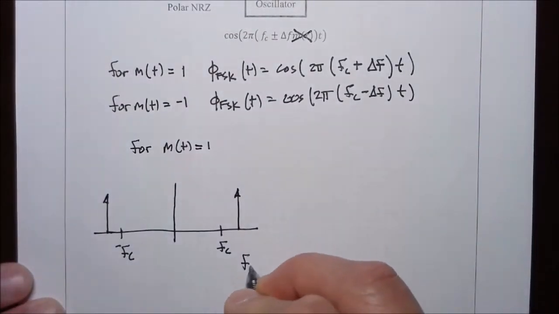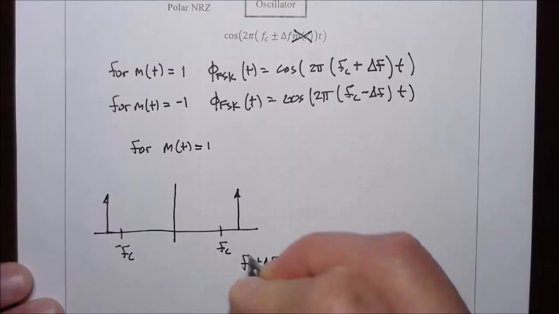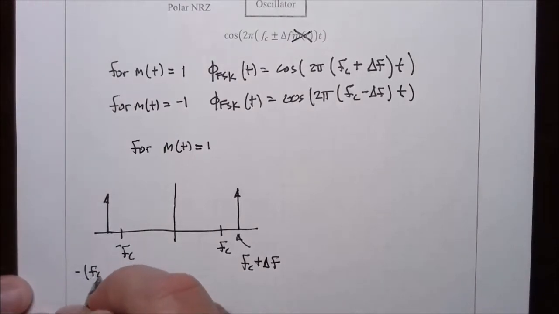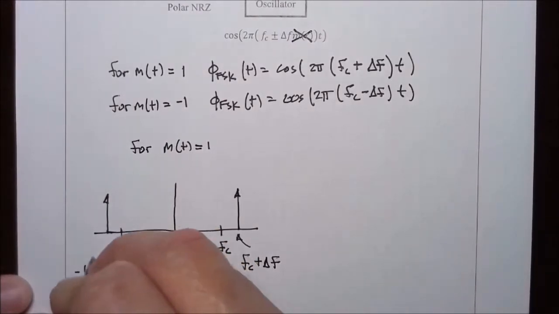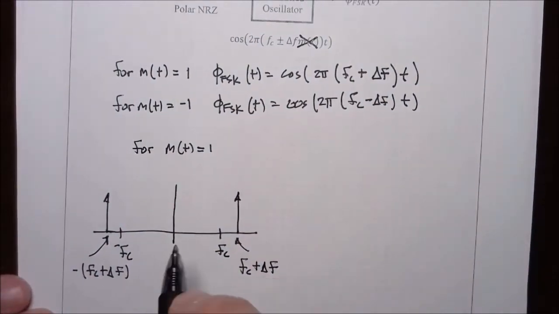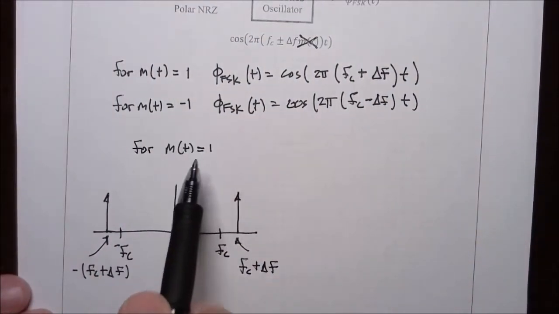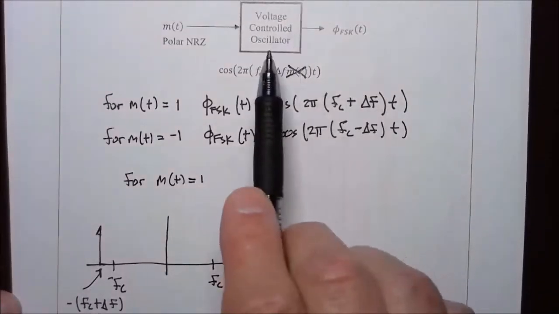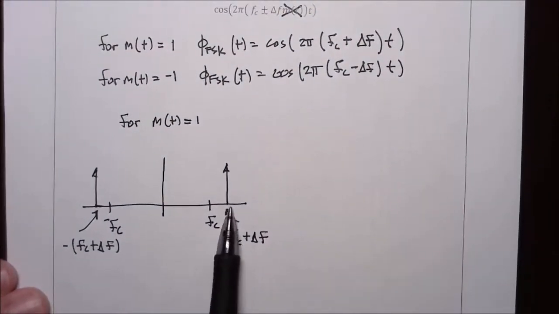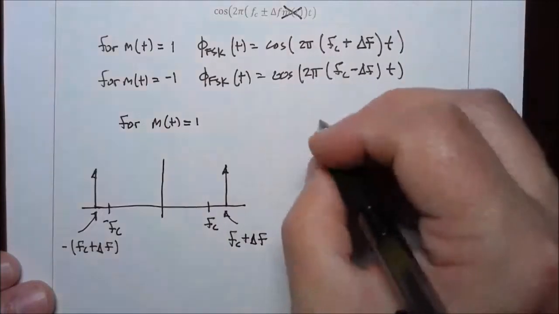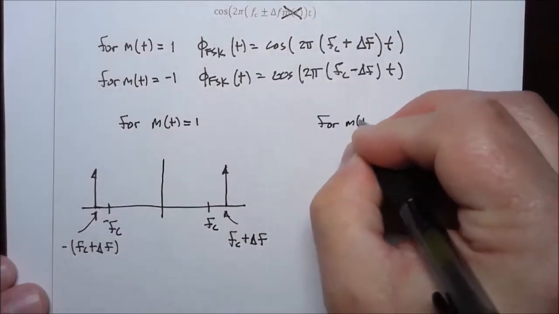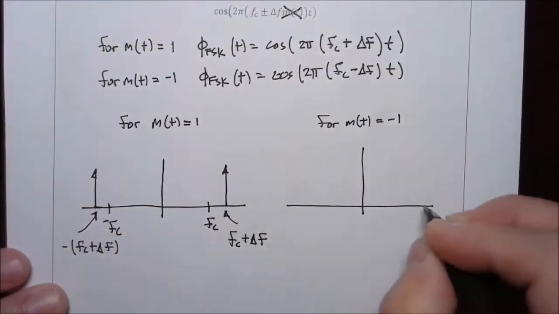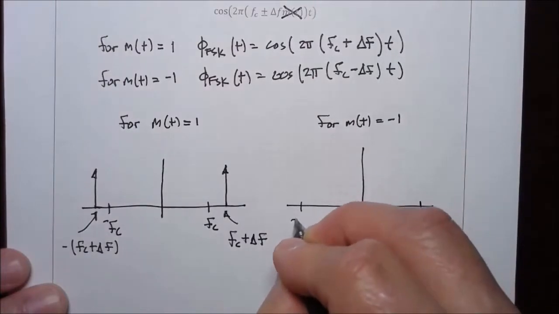This would be at FC plus delta F, and this is at minus FC plus delta F. So if we kept the message signal equal to 1, the frequency of this voltage controlled oscillator would simply be at FC plus delta F, and for the message signal equal to -1, in like fashion, here is FC and minus FC.